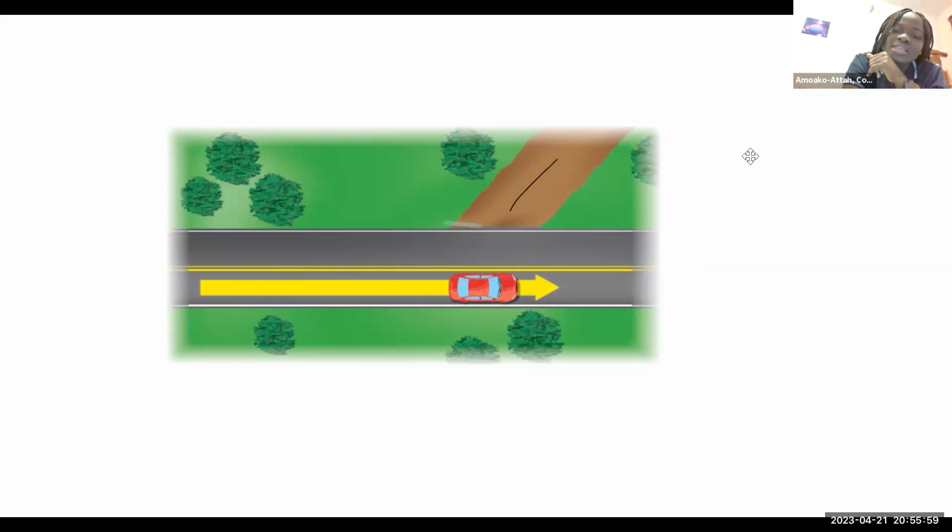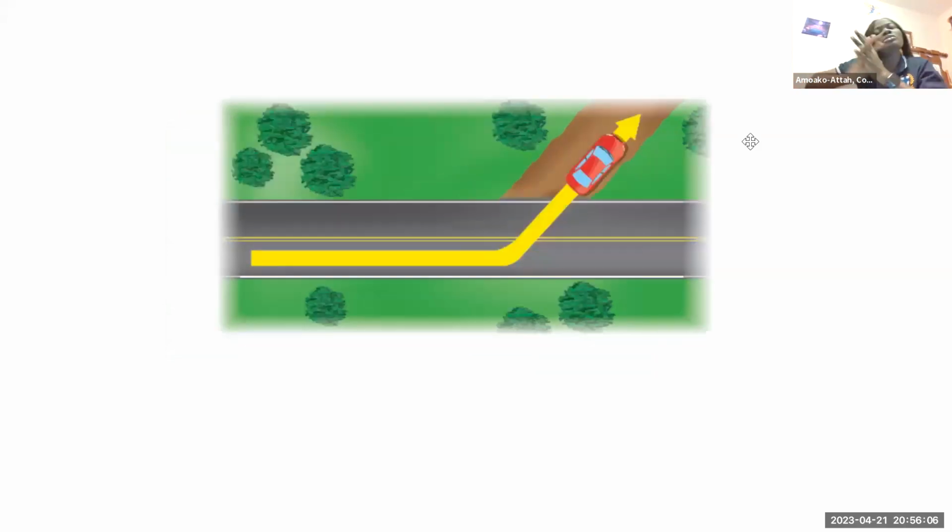So in this case, let's look at this picture too. The next picture is telling us that this car has deviated, or this car has changed its routes, or this car has strayed from the normal routes, right? That is what we term as deviation. That is straying away from the normal routes or changing of routes.